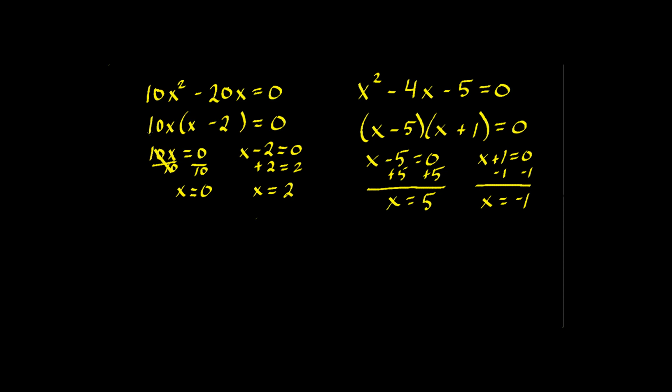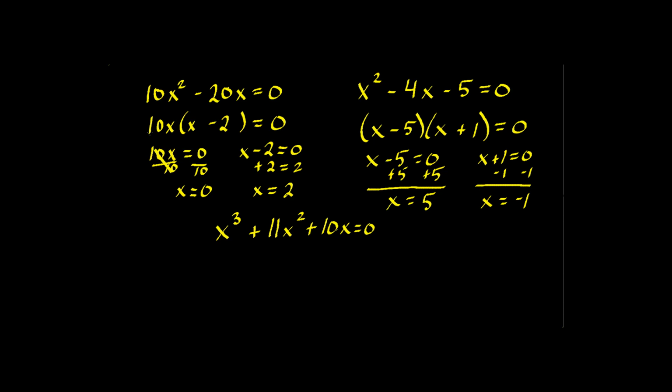Now let's do another one that has both the GCF and a trinomial that can factor into two binomials. x cubed plus 11x squared plus 10x equals 0.